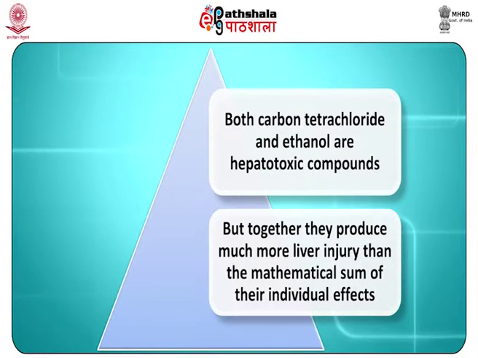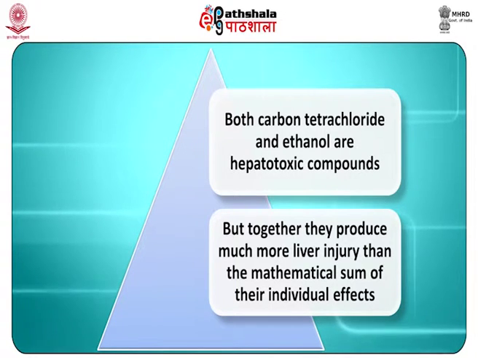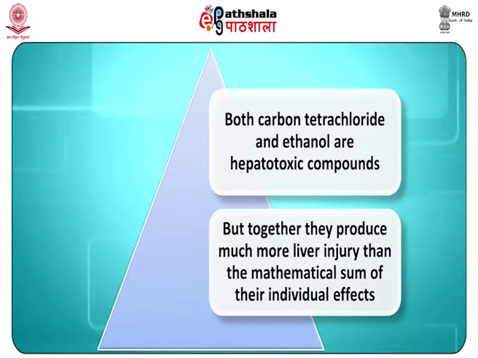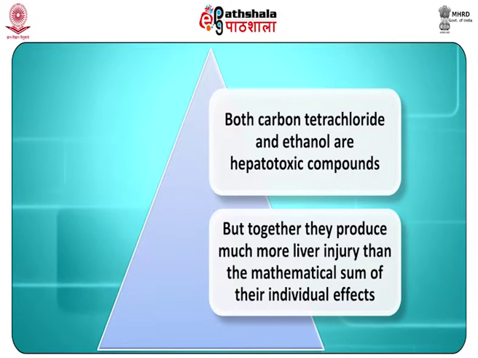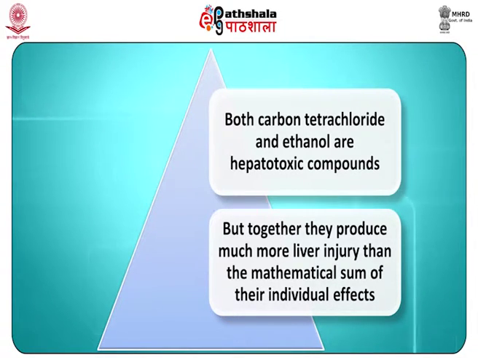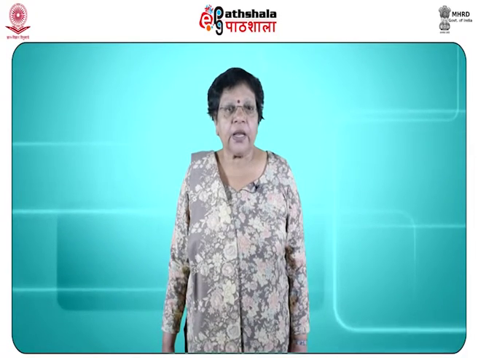For example, both carbon tetrachloride and ethanol are hepatotoxic compounds, but together produce much more liver injury than the mathematical sum of their individual effects on a liver at a given dose would suggest. Barbiturates have a synergistic effect with ethanol and antihistamines. Ethanol has a synergistic effect with benzodiazepines.